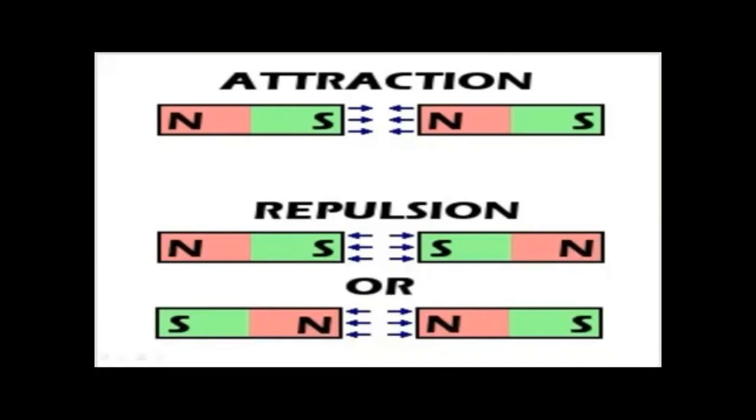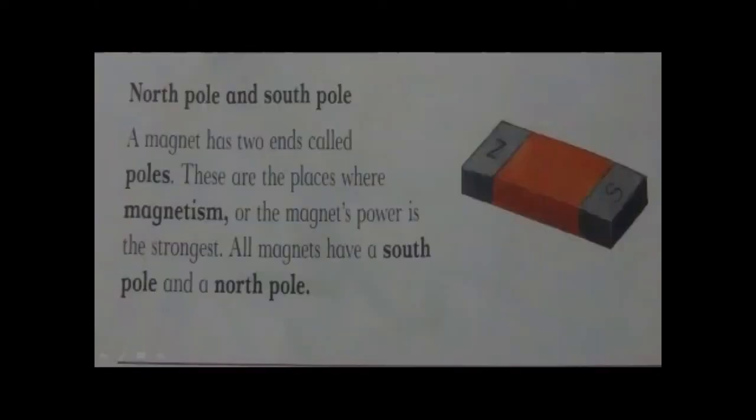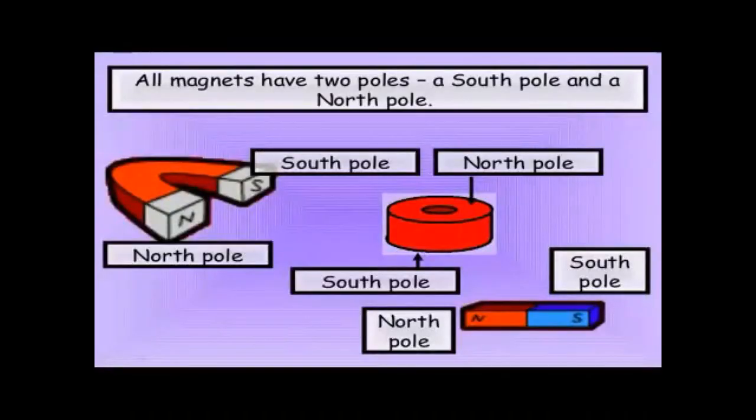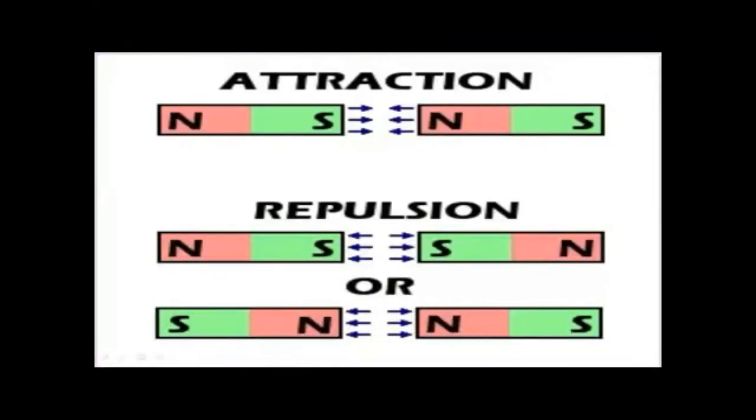So this is about the attraction and repulsion between the same or different poles. Kindly students take a screenshot. So this is about the poles. All magnets have two ends called poles. The ends are the south pole and the north pole.